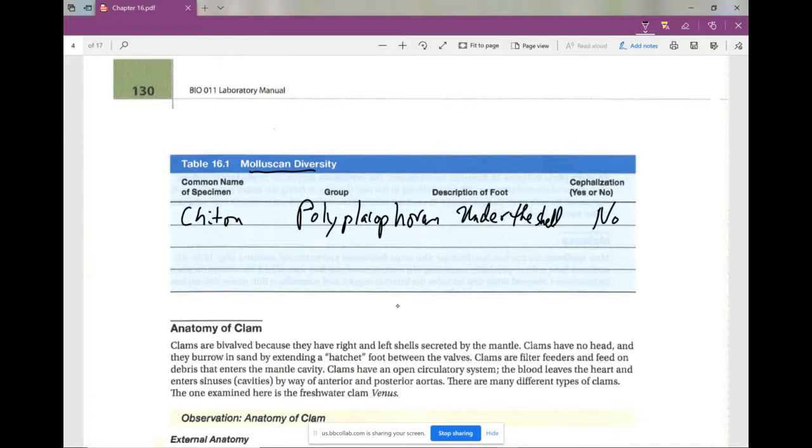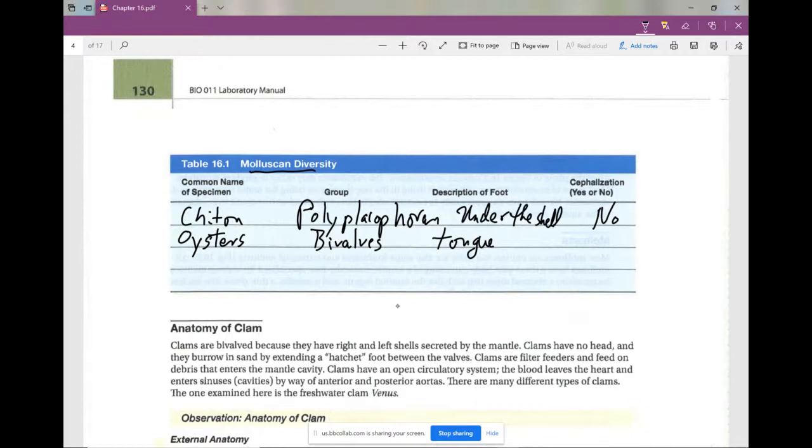Then you had the oysters. Well, we know those are bivalves. And description of the foot, for an oyster, it would be something that looks like a tongue sticking out of the shell.